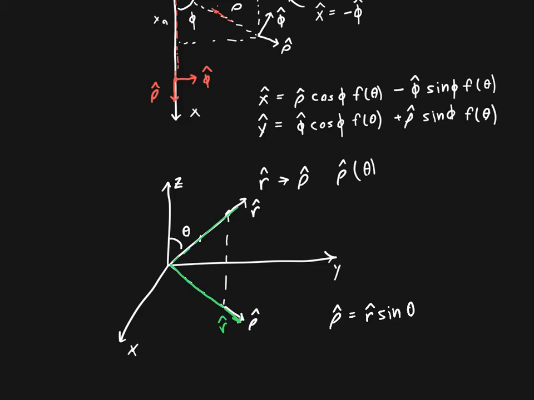When theta equals 0, then our line is pointing vertically, and our r hat is pointing straight up. Our rho hat, it's not really clear in which direction it's supposed to be pointing because it's supposed to point out from the origin to the point. So let's move this line just a teensy tiny bit to the right. Let's say that our line is actually here. Then rho hat is pointing out like this.